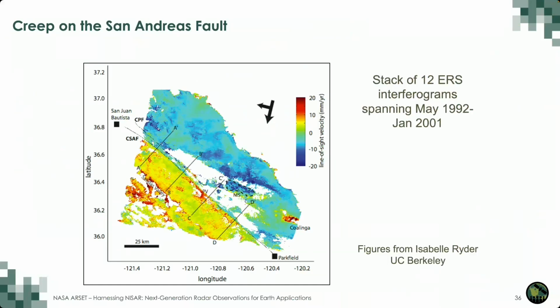And that this particular section between Parkfield and San Juan Bautista, the central San Andreas, has this creeping or aseismic slip that we believe means that while it may have some small earthquakes, maybe up to magnitude 4, it's not going to participate in large earthquakes.